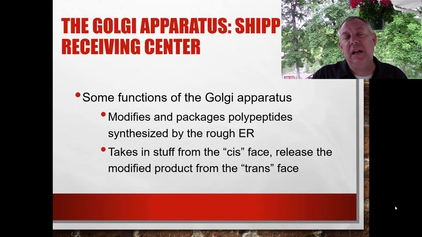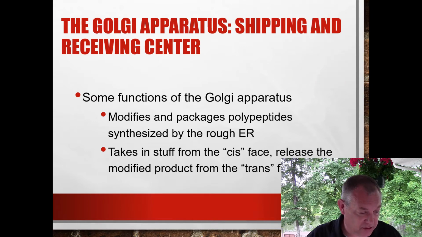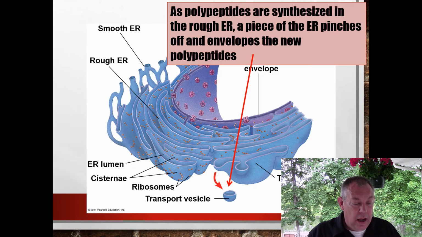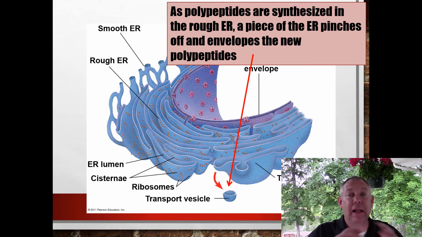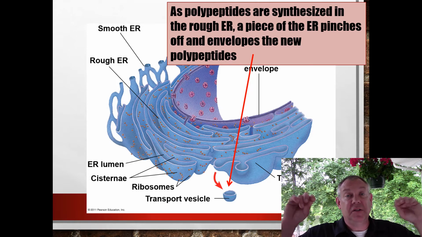It takes things in from the cis face. Within the Golgi apparatus, you do the modification, and then it releases the final product from the trans face. And so, for example, in the rough ER, you're synthesizing polypeptides, and so maybe they're not quite the finished protein product. Remember, a polypeptide is not necessarily a protein.